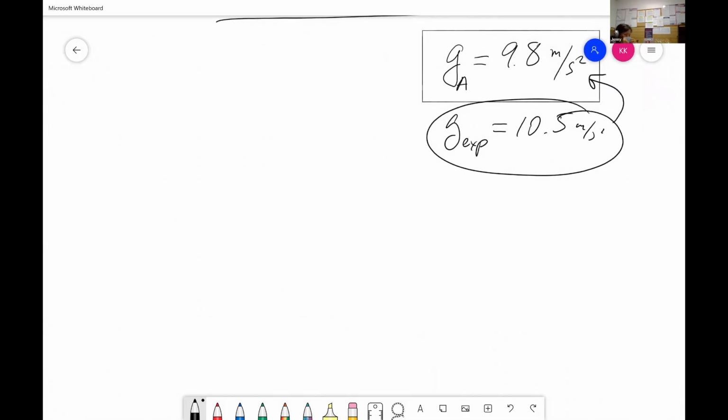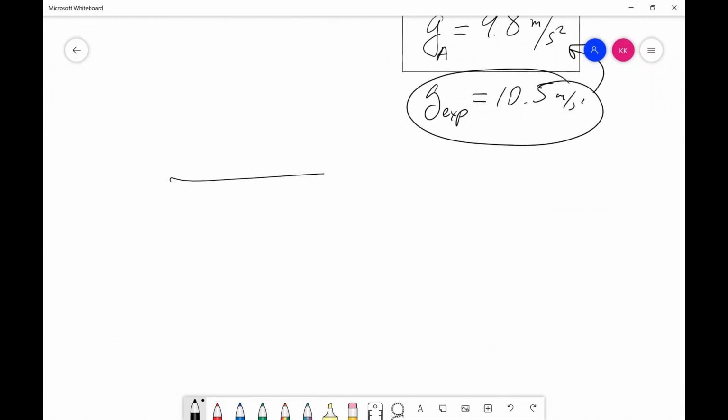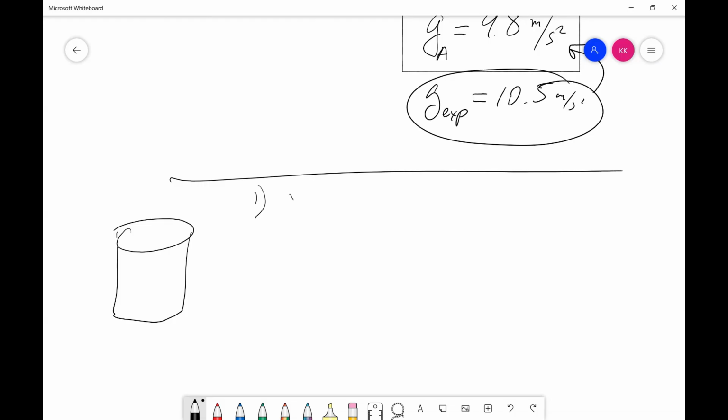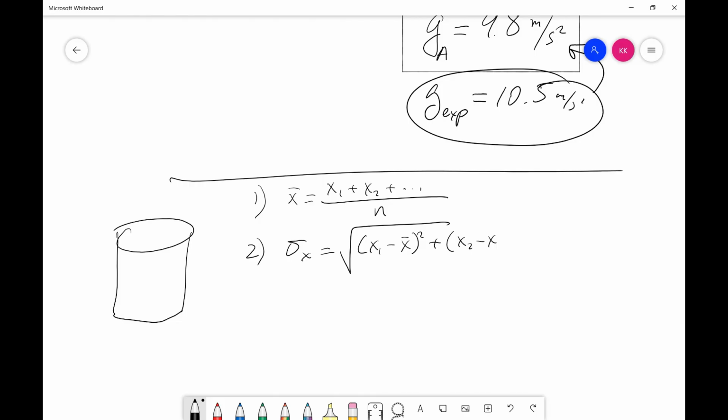All right, sure. So then here's what I have. Again, if I have given you this cylinder, then you can use equation 1 for the average, which is x1 plus x2 plus ... divided by n, and equation 2 for the uncertainty, which is the square root of (x1 minus x average) squared plus (x2 minus x average) squared, plus ..., divided by n minus 1.